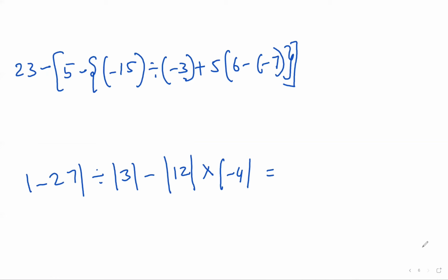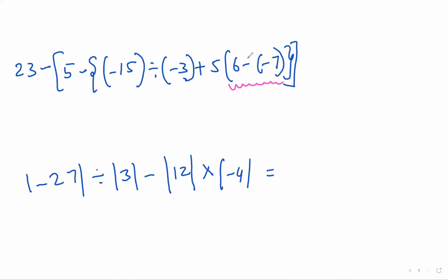We are already aware that more than one sign means we will follow the rule of BODMAS. If you are not clear about BODMAS, go through my BODMAS video, which is also available on my channel. So whenever there is more than one sign, we will apply the rule of BODMAS. And in the rule of BODMAS, the first thing we do is the innermost bracket.